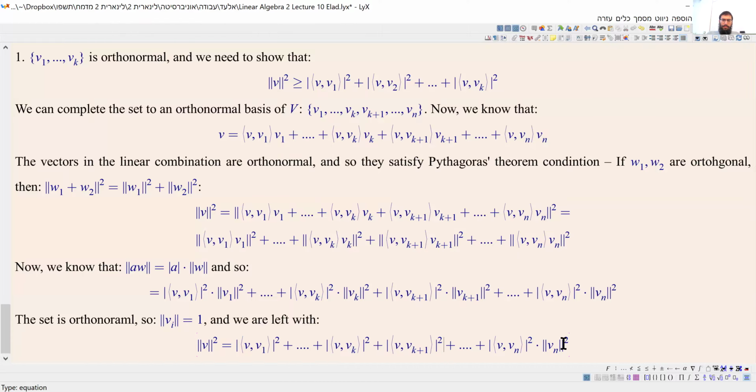If I give up on all the additional vectors we added at the beginning of the proof, I'm giving up non-negative elements, which leads to a smaller expression.